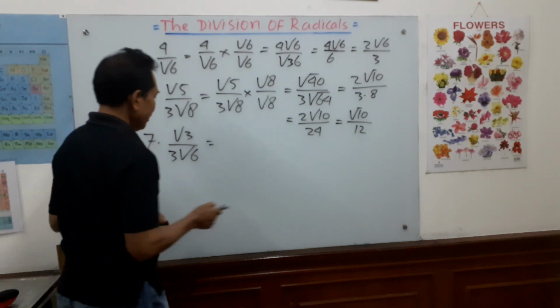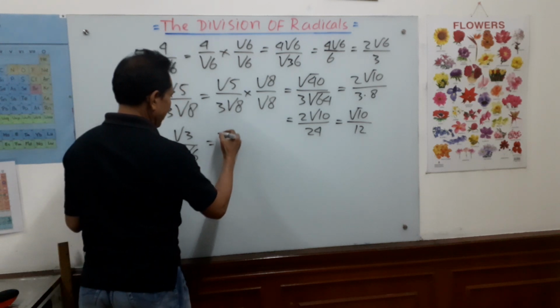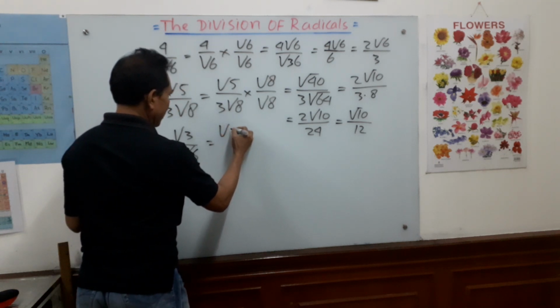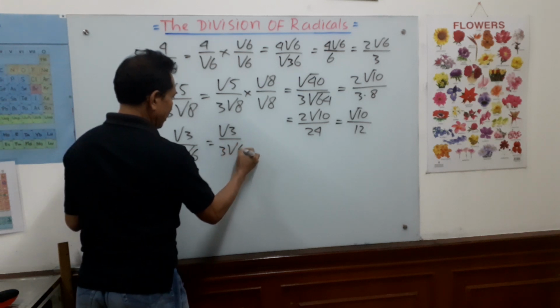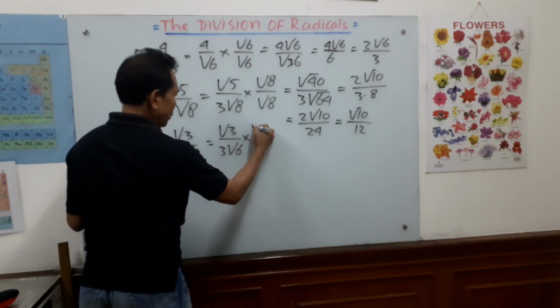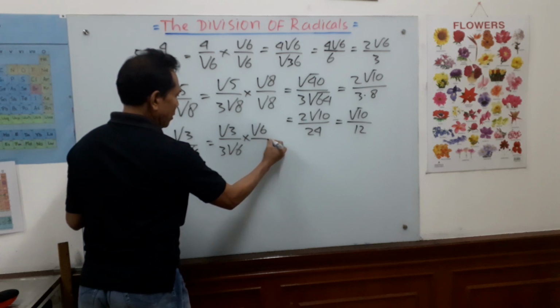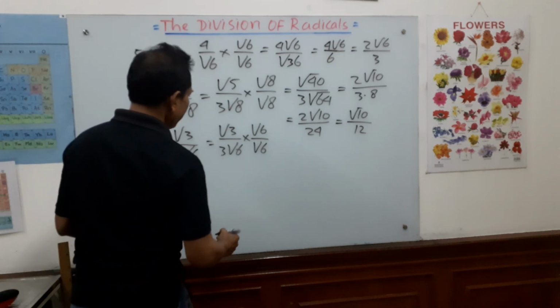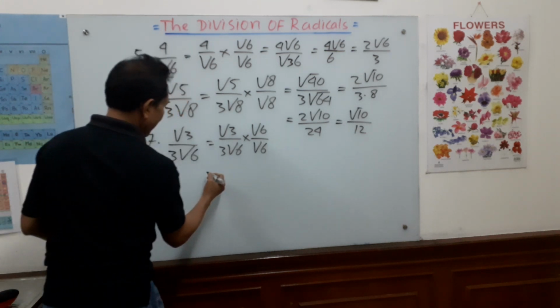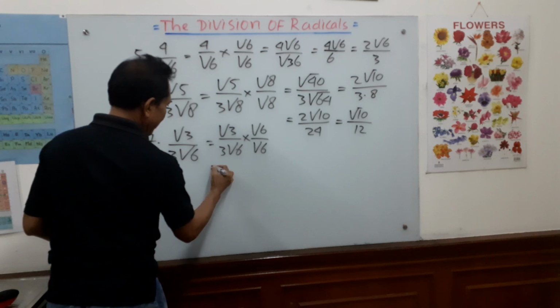We rationalize the denominator. So we put here square root 3 over 3 square root 6 times square root 6 over square root 6. We bring down here.